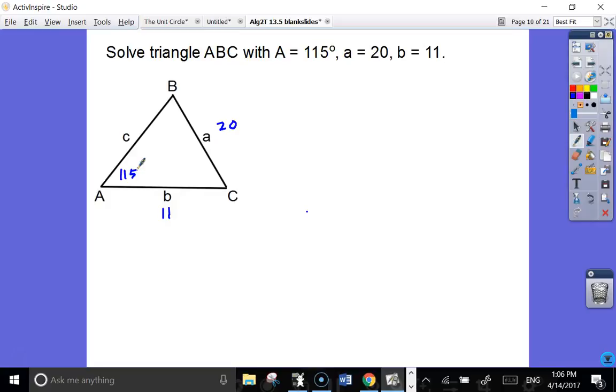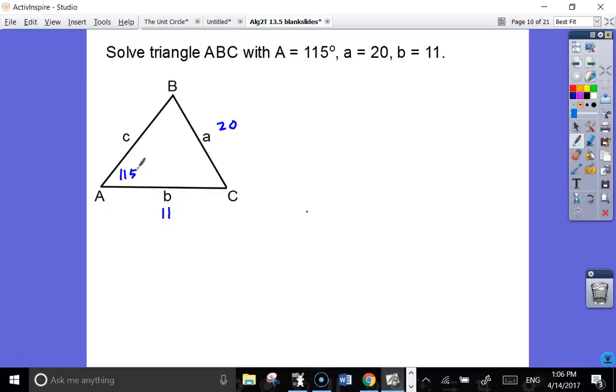Is this going to be two triangles? Is it going to be one triangle? Is it going to be no triangles? But you could see that the angle that you've already been given is an obtuse angle. Is there some way that we could get another obtuse angle in the same triangle? No, I mean, you can't have them add up to 180. That wouldn't work, right? So we can be sure in this case that we're not going to end up with two triangles because there's no way to get another obtuse angle out of this.